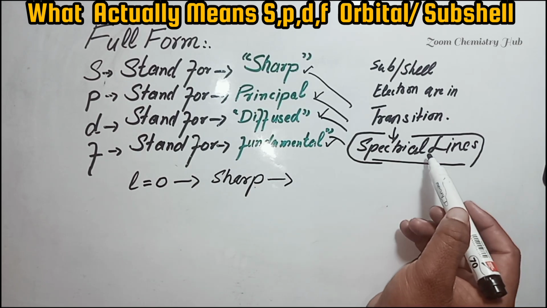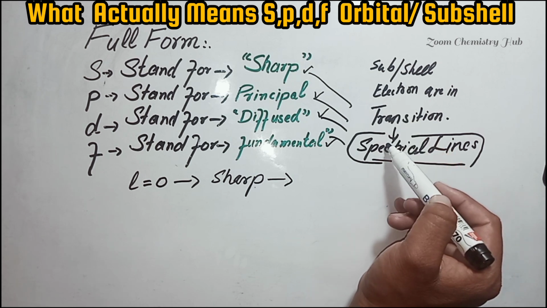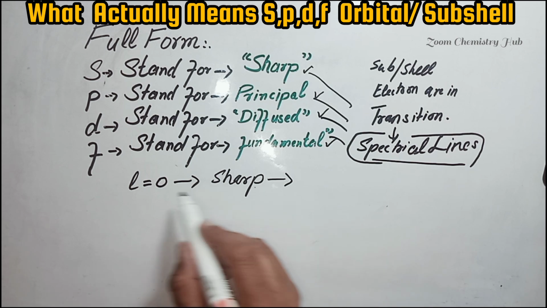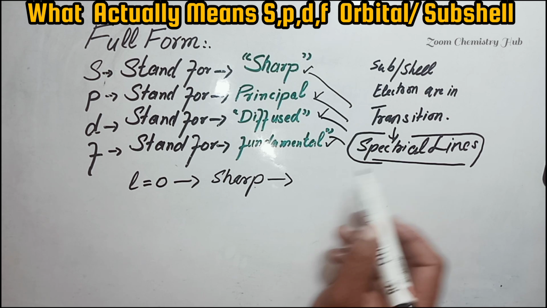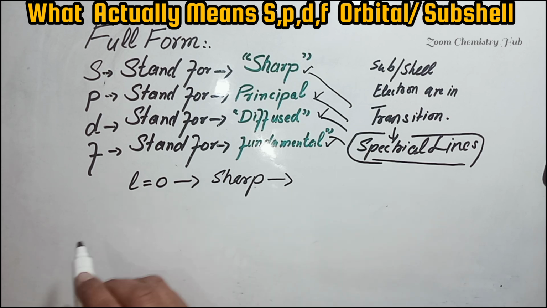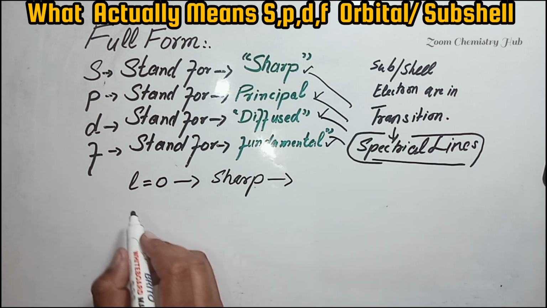And these spectral lines are actually produced by the transitions of electrons in these orbitals. So when the L value is 0, the spectral lines are sharp, produced by the electron in the orbital.